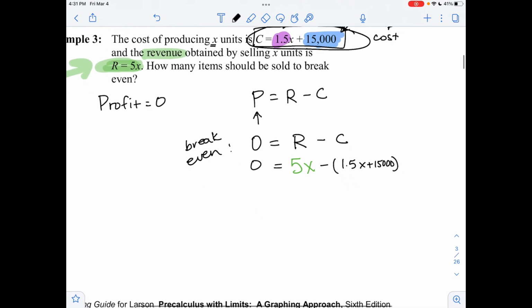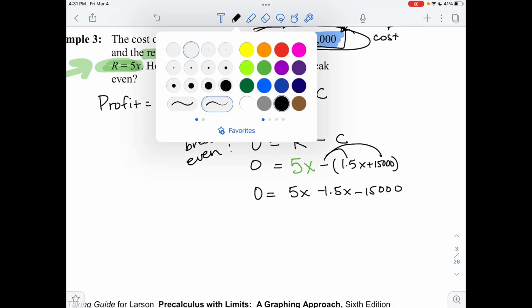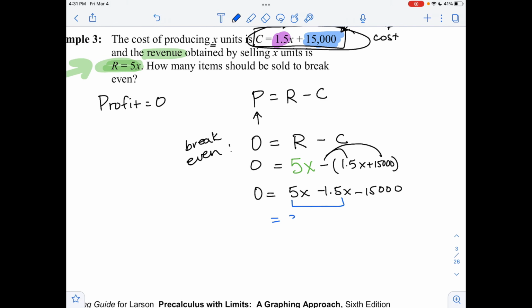So now we're going to solve for x. So we've got 0 equals 5x minus 1.5x minus 15,000. If we combine like terms, this is going to give me 3.5x. And I'm going to add 15,000 to the other side. If I divide by 3.5, I've got 15,000 divided by 3.5.